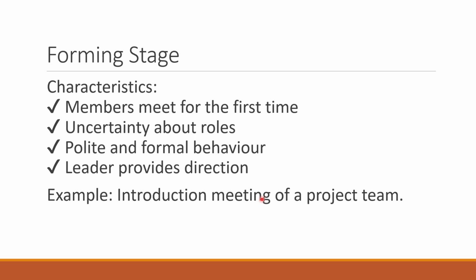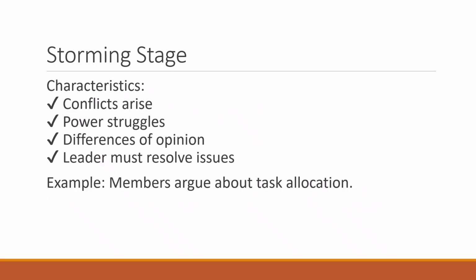Similarly, in colleges, when students are assigned a group for a presentation, everyone is very polite and tries to understand what is expected from each other. Therefore, we can say that this stage sets the foundation for the group's journey ahead.